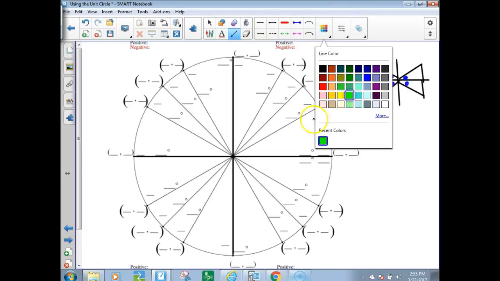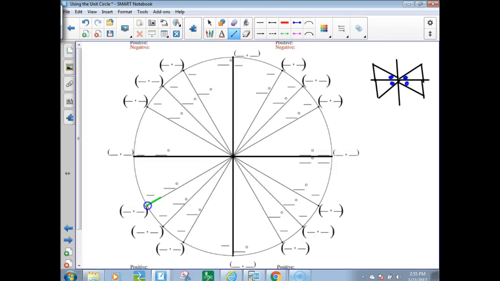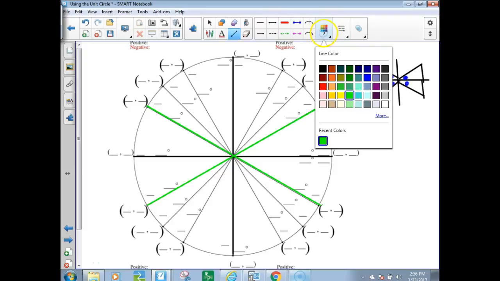I'm going to do green for my 30s. That'll be on this diagonal. And in quadrants 3 and 4 on this diagonal. Now I'm going to use red on the 45s.